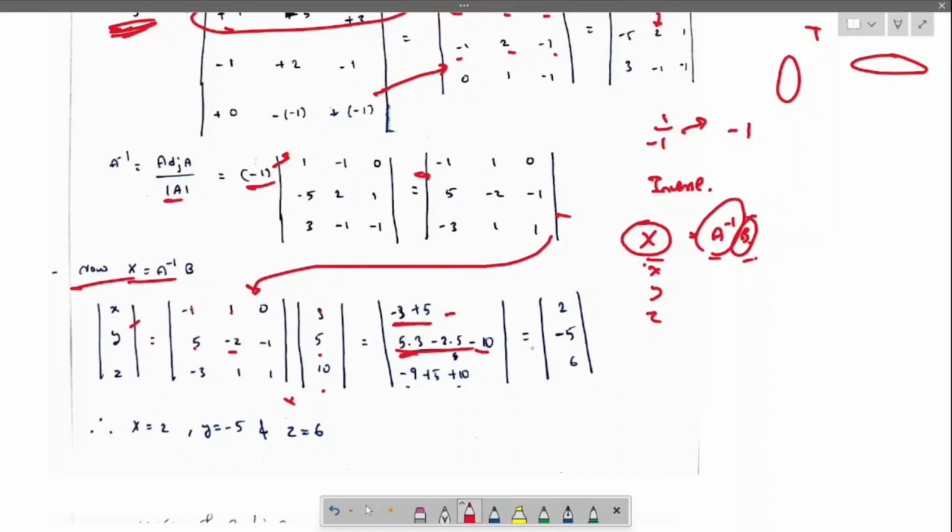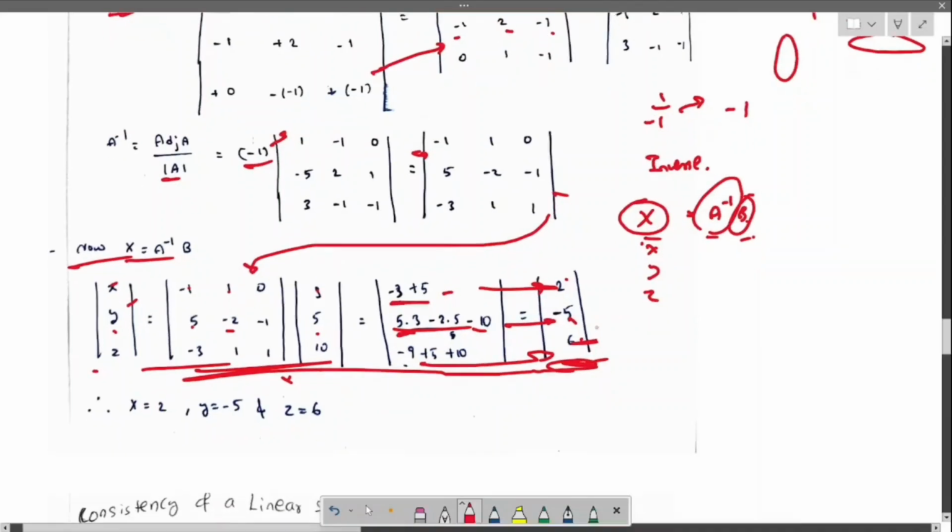When you simplify this, you will get 2 here. In the same way for the below rows, you will get minus 5 and 6. So when you equate and simplify with X, Y, Z, X equals 2, Y equals minus 5, Z equals 6.